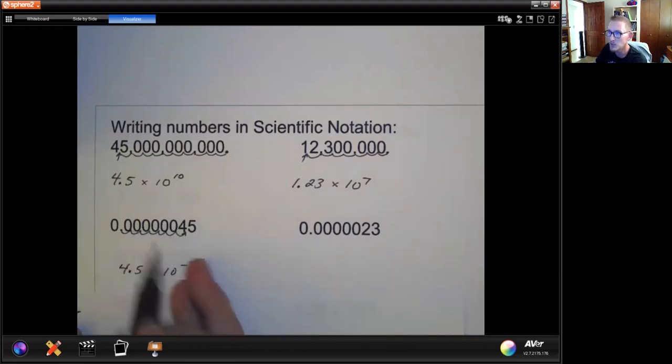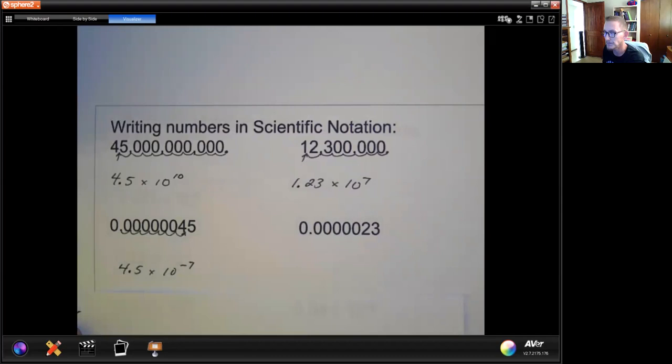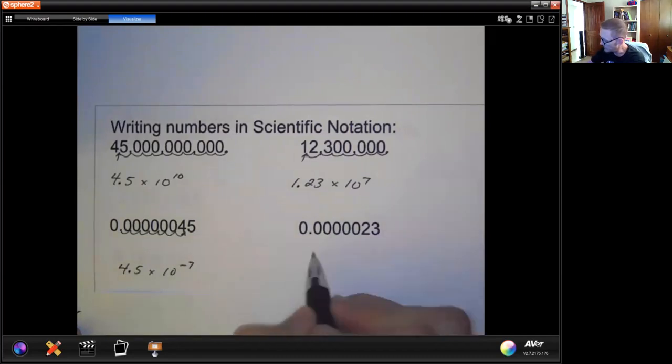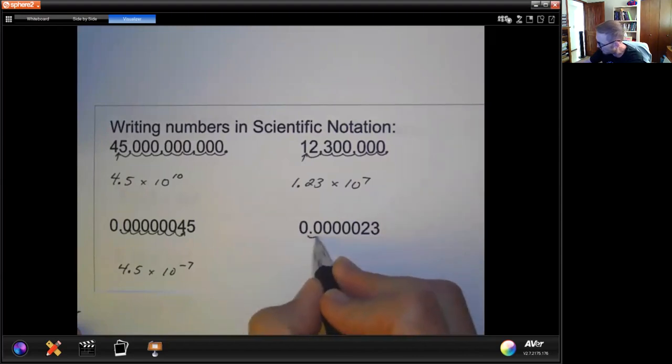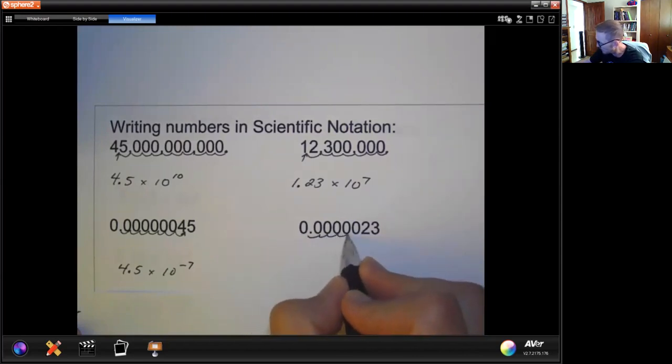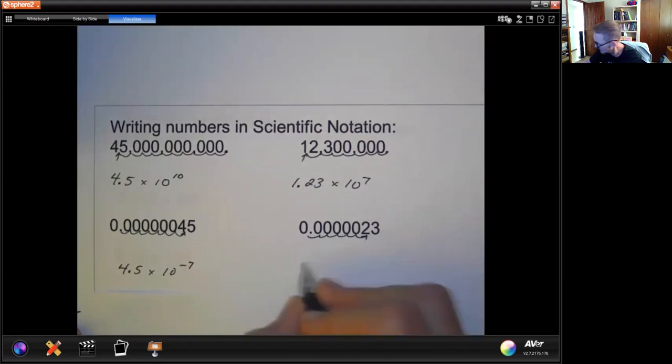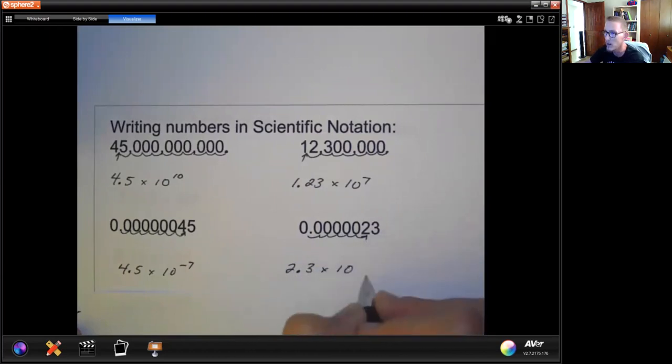Little decimals, negative exponent. So here's another one. I'm going to have to move it over here between the 2 and the 3. 1, 2, 3, 4, 5, 6. 2.3 times 10 to the, you got it, negative 6th power.